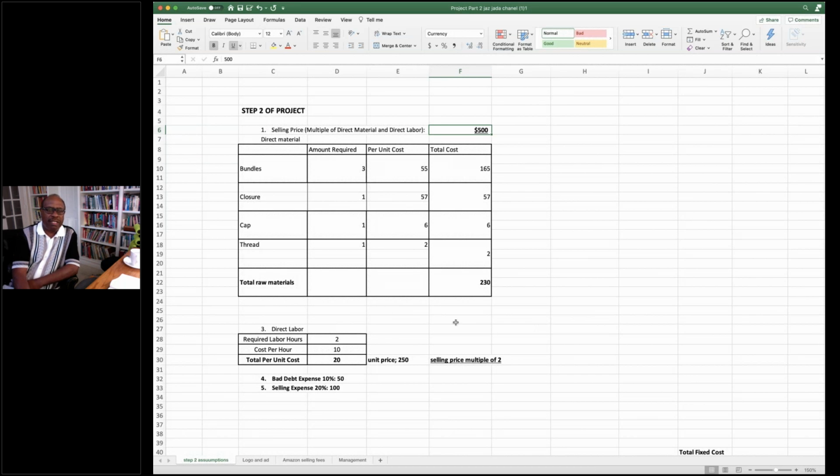You're going to have two other variable costs, bad debts and selling expenses. Let your bad debts be 10% and your selling expenses 20% of the selling price.